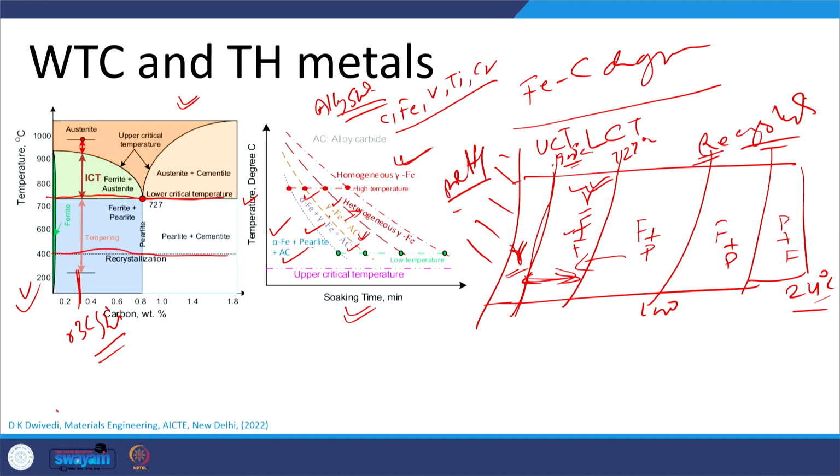So, the different phases transform into austenite gradually, in different stages. It will take a long time to convert all these constituents, like ferrite, pearlite and alloy carbides, into austenite, but the time is also a function of temperature: shorter time at a higher temperature and longer time at a lower temperature.